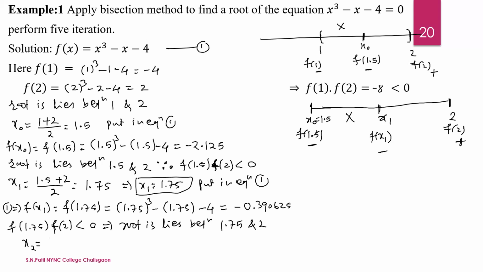Say x2 is 1.75 plus 2 divided by 2. So we got this value as 1.875. That is x2 is equal to 1.875.